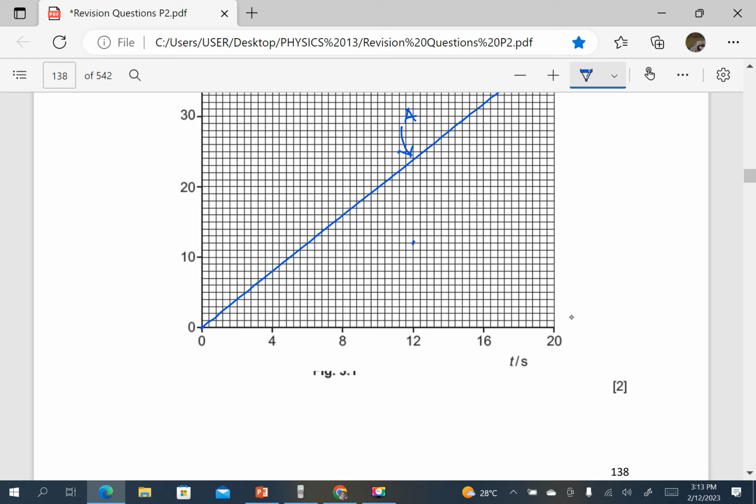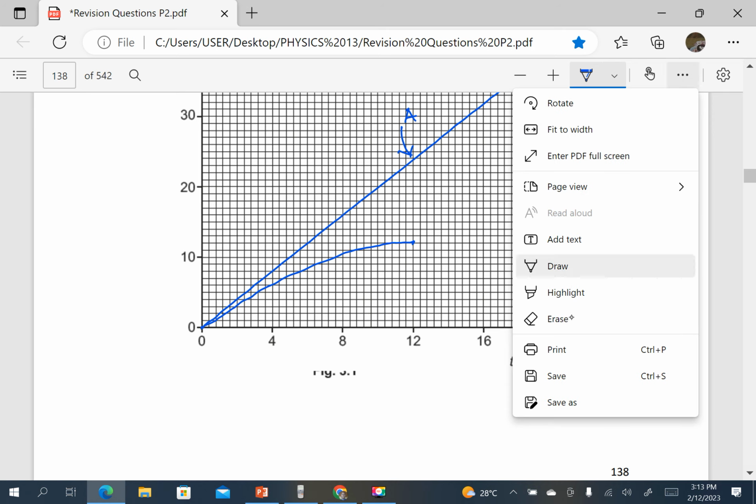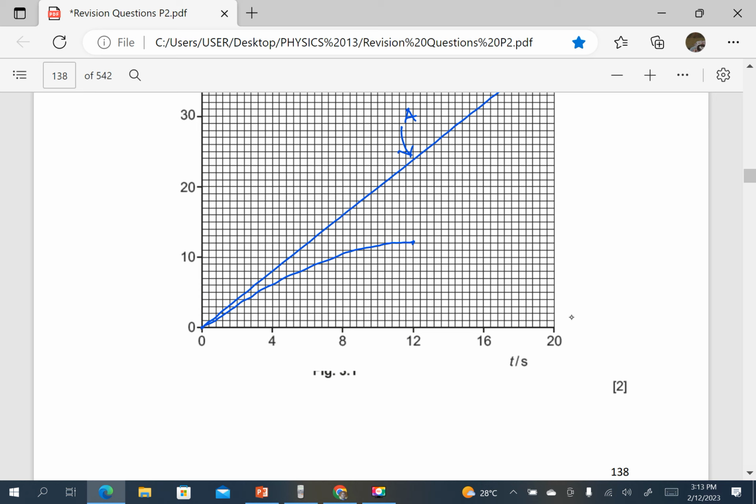So I'll just consider that part there. I'll draw a curve which becomes horizontal at around 12 seconds. I have to make this horizontal starting at 12.